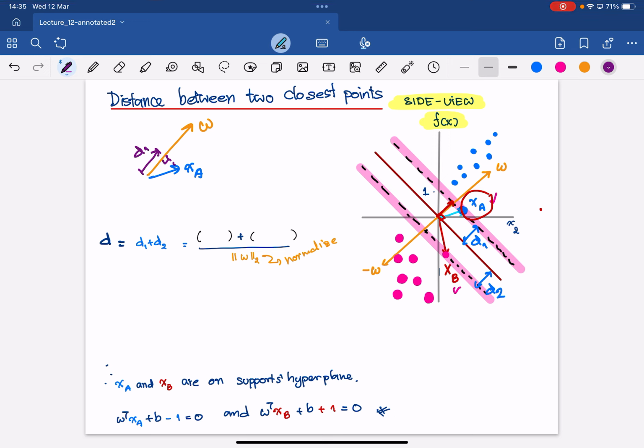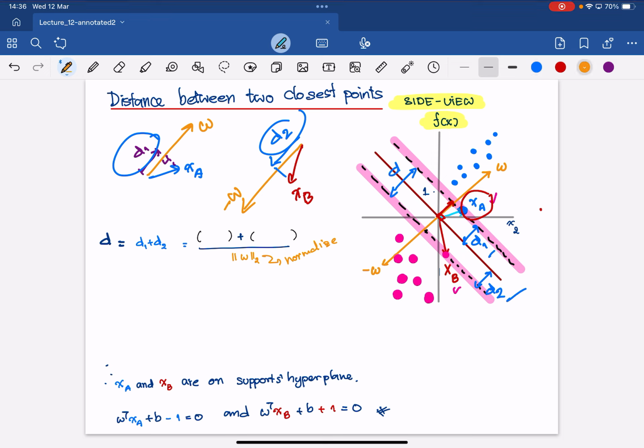And another one is for the support hyperplane that is below here, and now you have to negate the normal vector of that hyperplane because it's in the opposite direction. And then you have the point xB, and what you want to do is to add up the distance. So your total distance from here to here, D, is D1 plus D2.